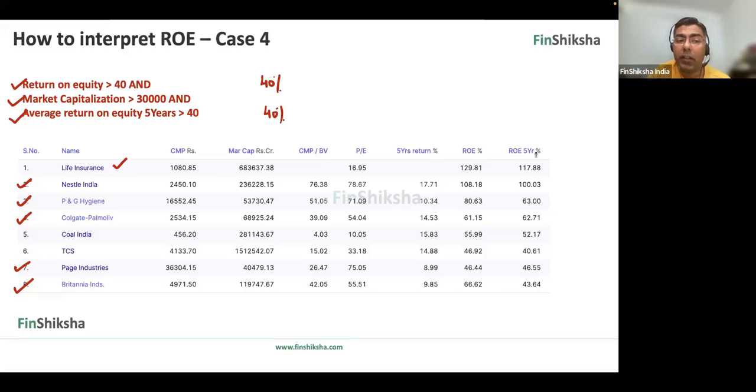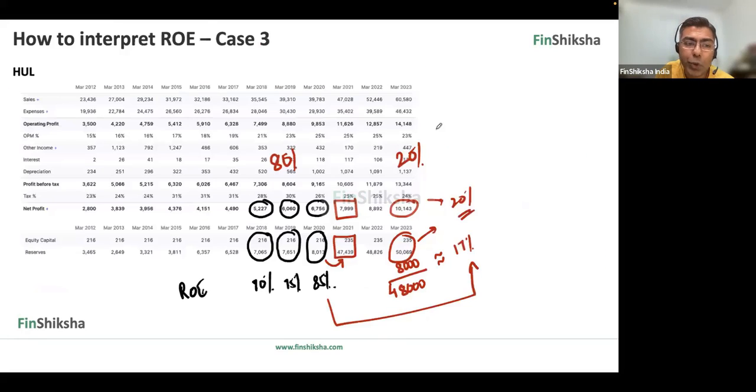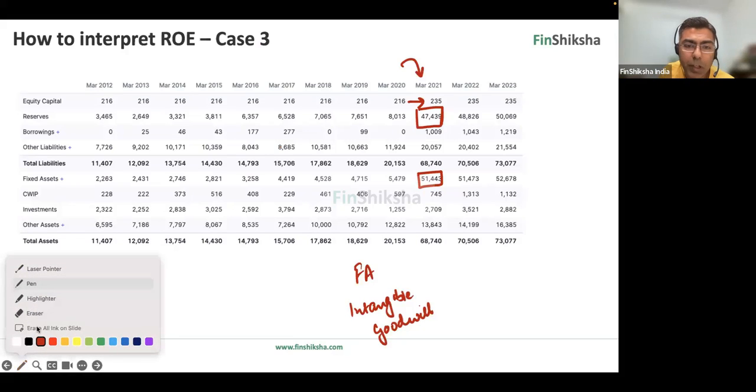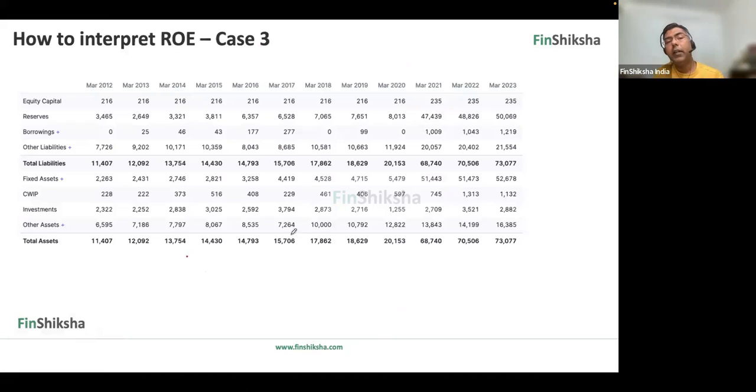There's another point, because the other 5 that I have listed are very similar companies, and I have put this data for those 5 companies for us to evaluate, right? The point you want to evaluate is, when you go to somebody like an HUL and you look at their P&L and balance sheet in the year 2019, their overall liabilities are 18,000 crore.